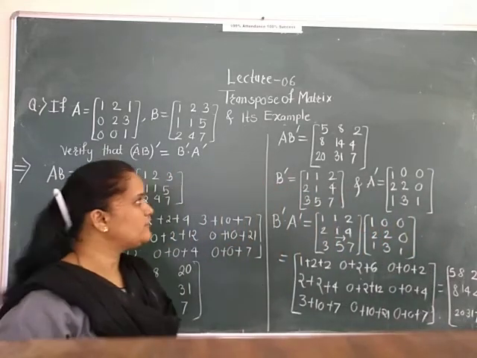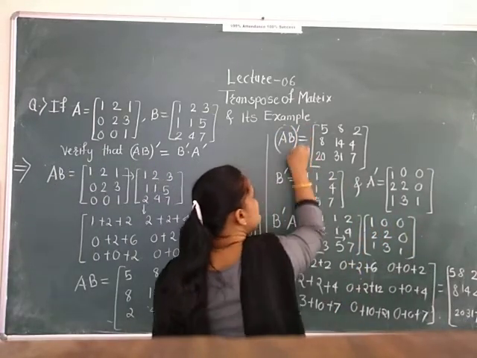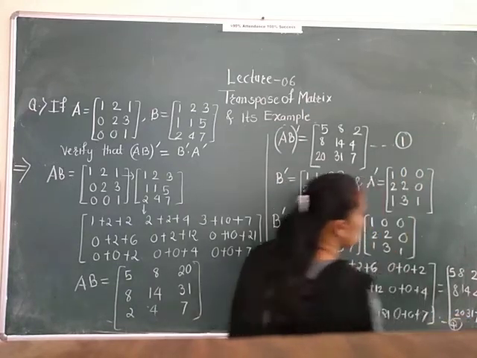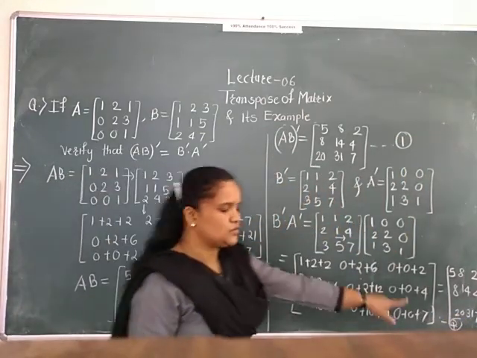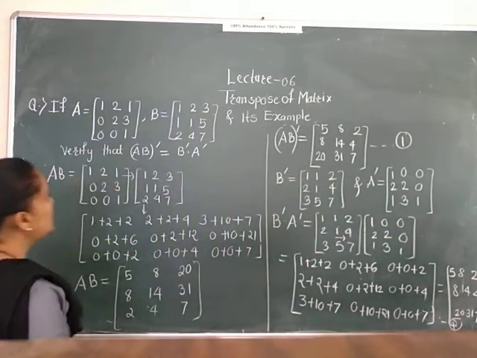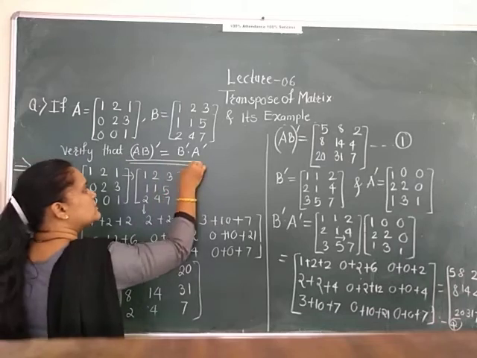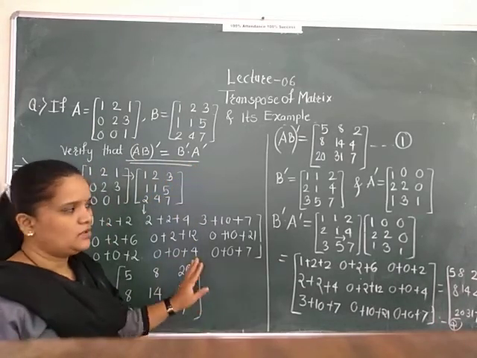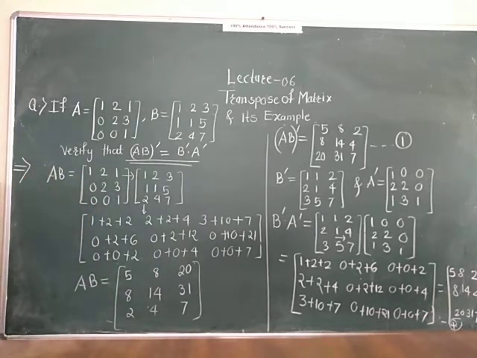If I call this 1 and this 2, from 1 and 2 we can say these are equal, so we have proved AB dash is equal to B dash into A dash. Take a note, write it down in your notebook.